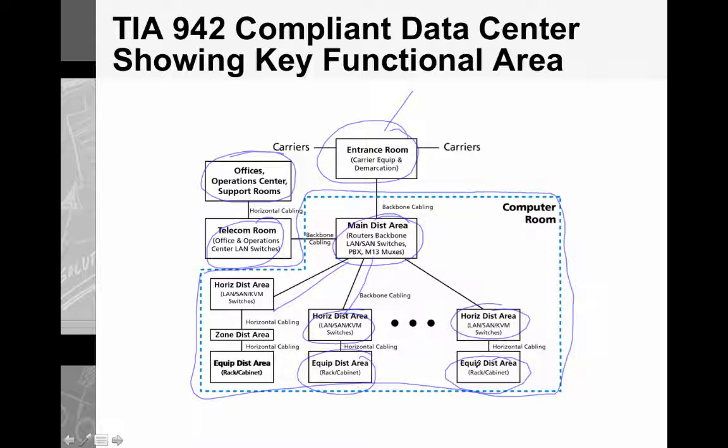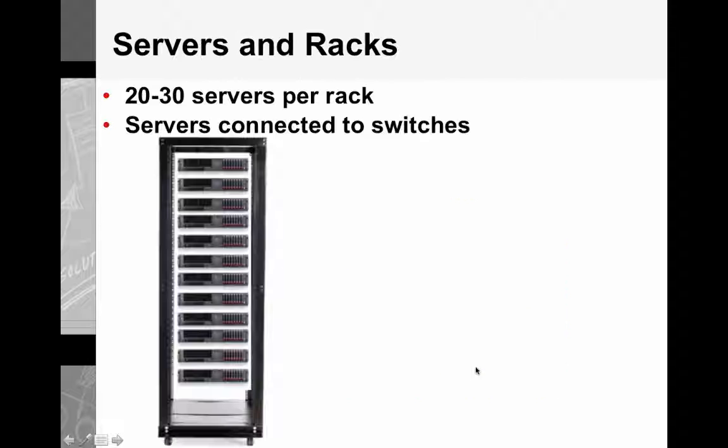It's not that all the 10,000 servers are connected together into one switch, into one network. They're broken down into multiple local area networks, which are then connected into the main distribution area. So there are 2 or 3 levels of networks going on. It's a hierarchical network design. That's what I need you to understand in this particular slide.